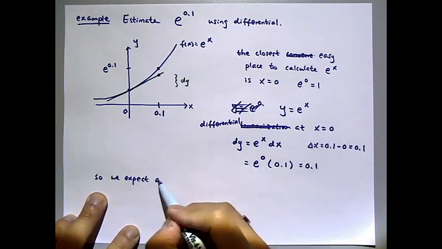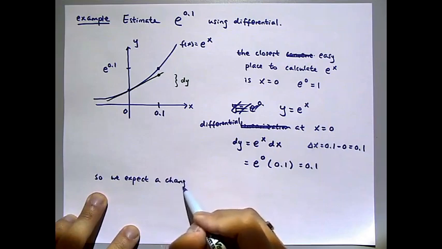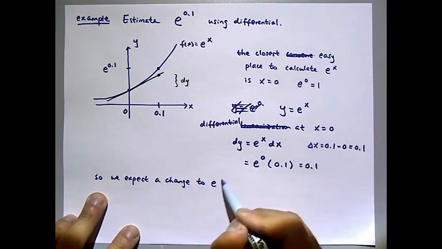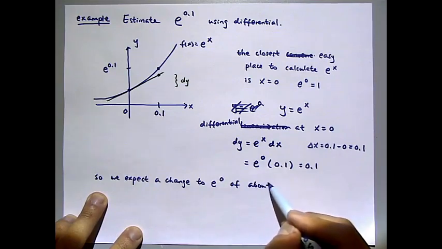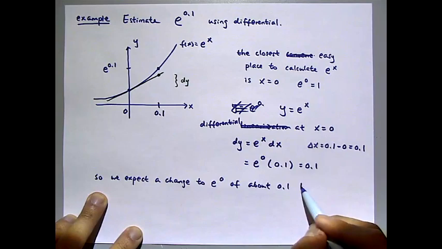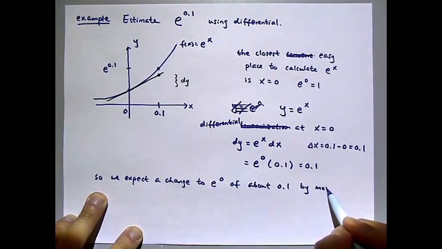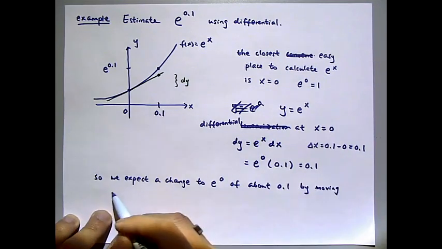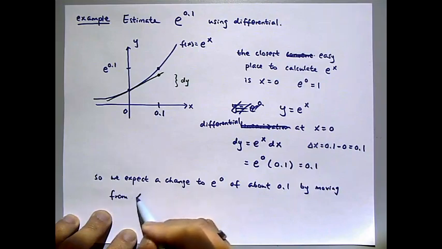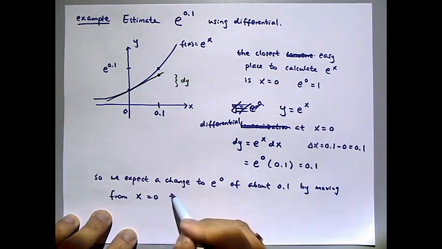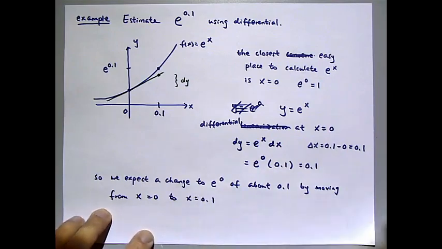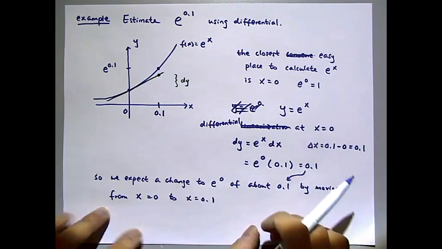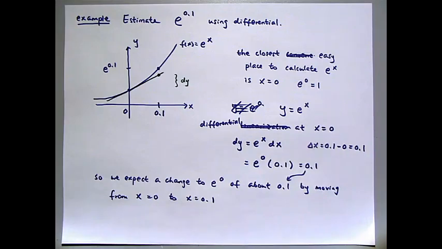So we expect a change to e to the 0 of about 0.1 by moving from x equal to 0 to x is 0.1. Our dy happens to be the same as dx, coincidence.